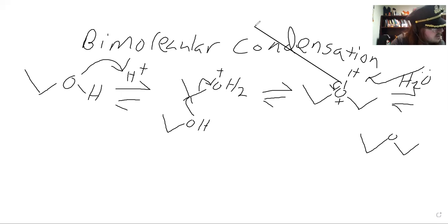Now, the last thing I'm going to talk about today before, actually, no, I'll keep going. We're going to look finally at some esterifications and some other ether esterifications. This is one of the next things.